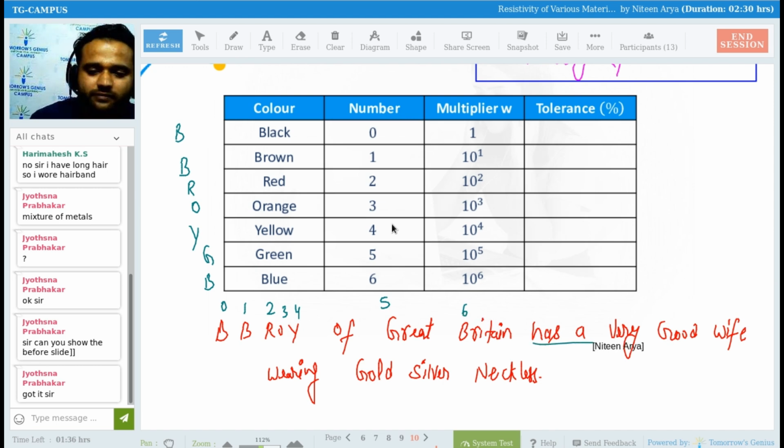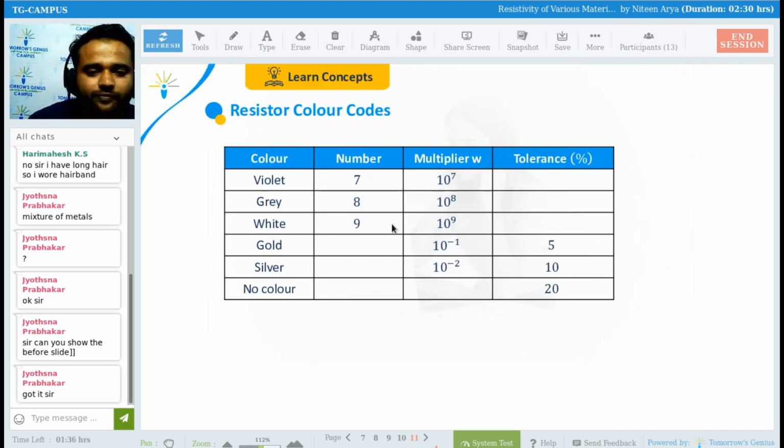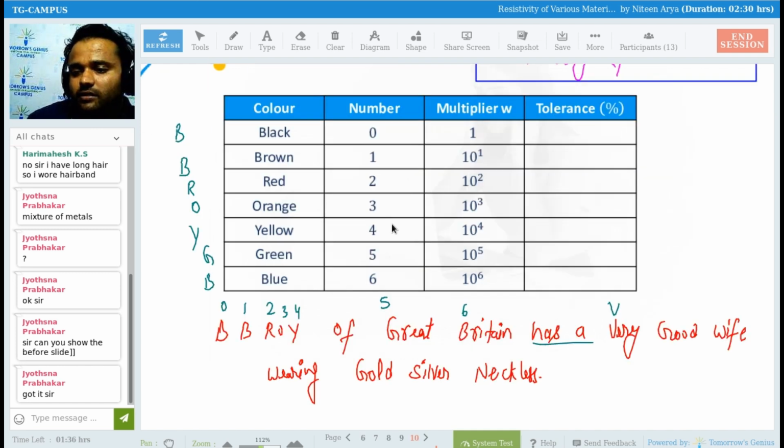V stands for violet, then G stands for gray, and W, wife, stands for white.